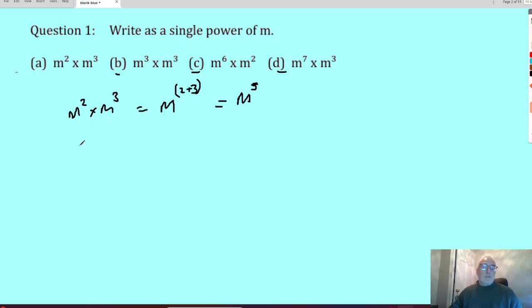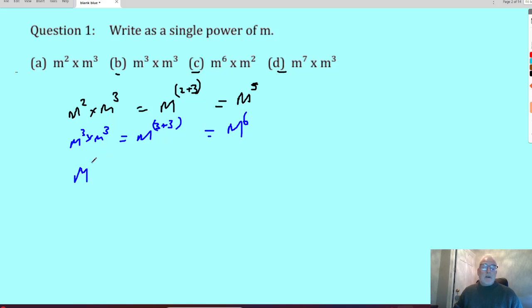So the next one, m to the power of 3 times m to the power of 3 is going to give me m to the power of 3 plus 3, which would be m to the power of 6.